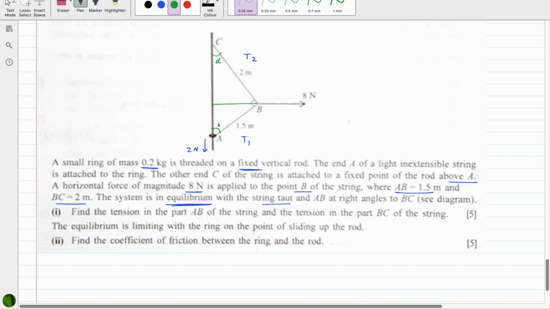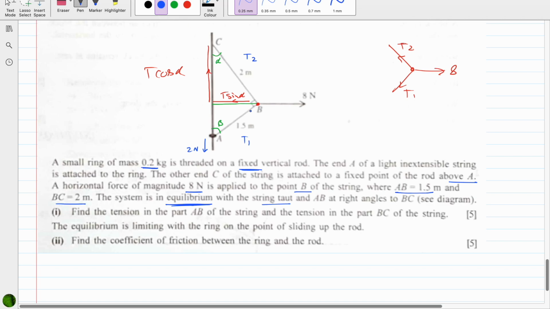If this is alpha, this is beta, I can split T2 into vertical and horizontal components, and while I'm solving this, I'm considering point B. So when considering point B, we consider forces moving away. If this is B, forces moving away are 8, T2 and T1. To define the directions, T2 is moving upwards and towards left. So T cos of alpha and this is T sin of alpha, which is opposite to the given angle.